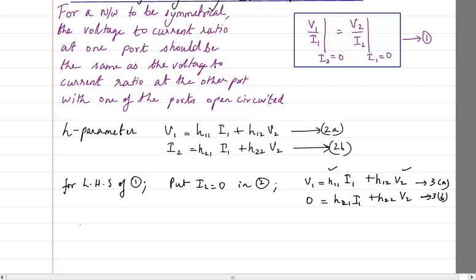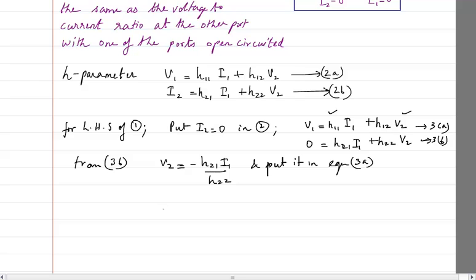Then from 3b, I will get V2 is equal to minus of H21 I1 divided by H22. Okay, and put it in equation 3a. If I put it in equation 3a, what will I get?